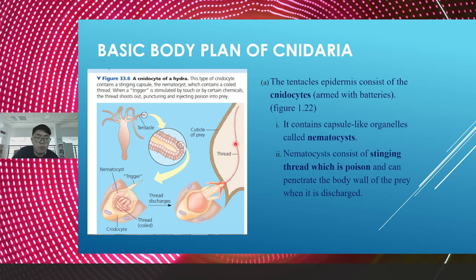For humans, if a hand touches it, the thread will go into our cells, into our hand. I already said it is poisonous, so the human will get poisoned. So that is why the jellyfish can be poisonous, because of the cells called cnidocytes. This is the reason why jellyfish are poisonous.